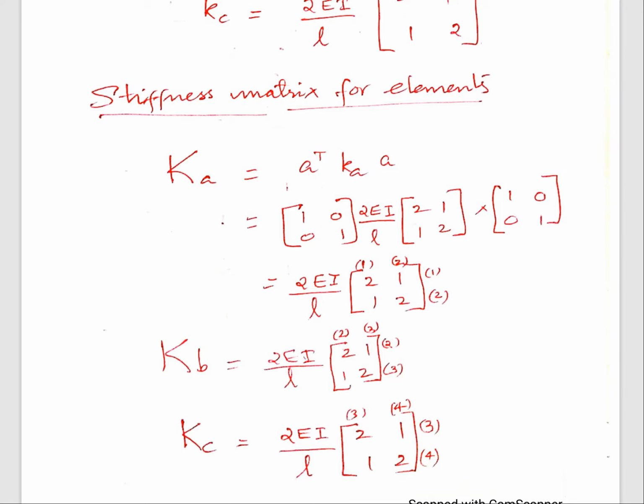Next is the stiffness matrix for elements. Capital K values we have to find out for each element. We know that capital K is equal to A transpose small k into A for each element.